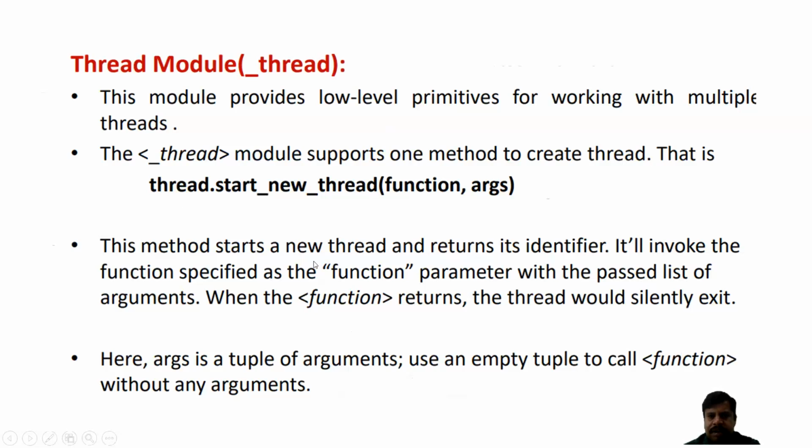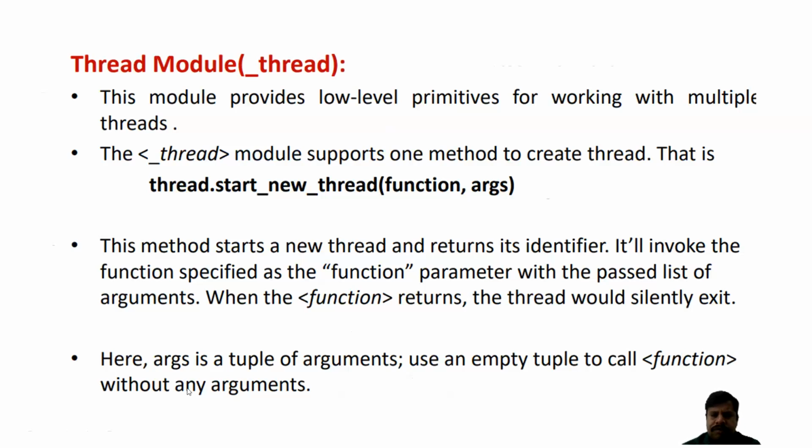This method starts a new thread and returns its identifier. It will invoke the function specified as a function parameter with the passed list of arguments. When the function returns, the thread would silently exit. Here, arguments is a tuple of arguments. We use an empty tuple to call a function without any arguments.